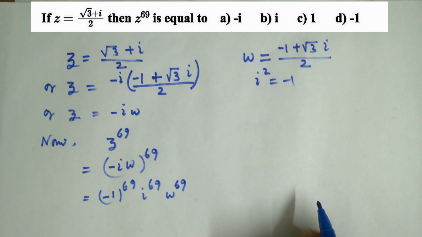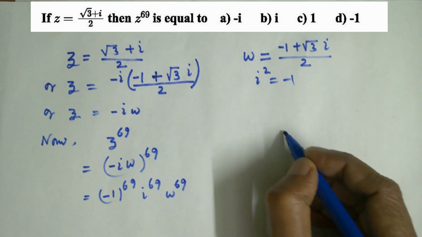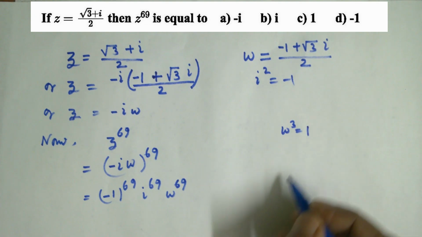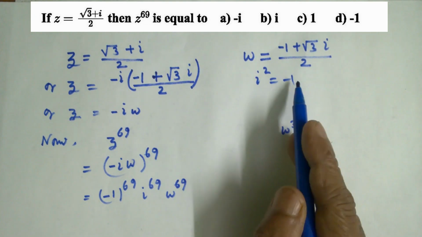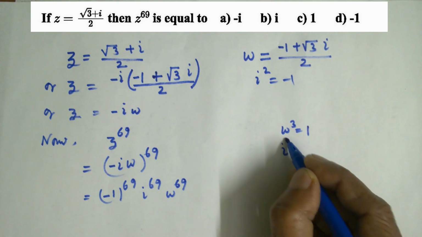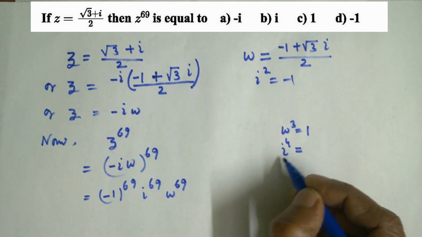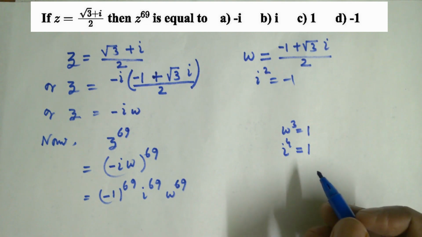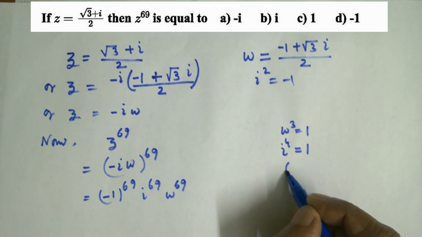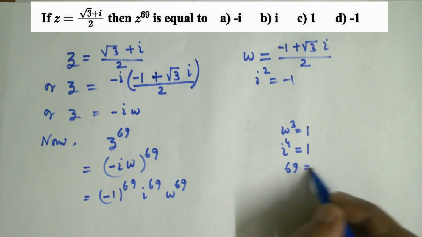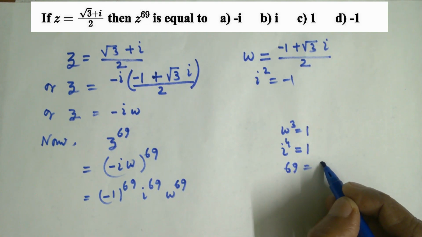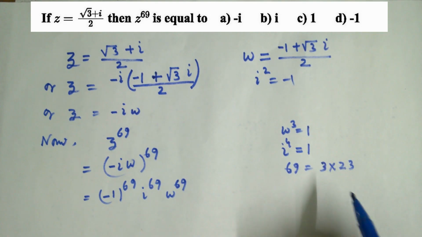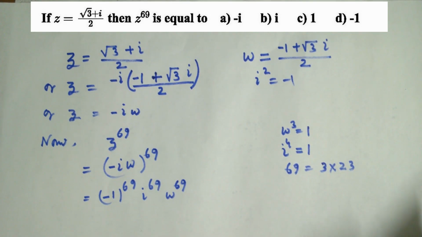As omega is the cube root of unity, omega cube is equal to 1. As i square is equal to minus 1, i to the power 4 is equal to 1. So we will write 69 as 3 into 23.